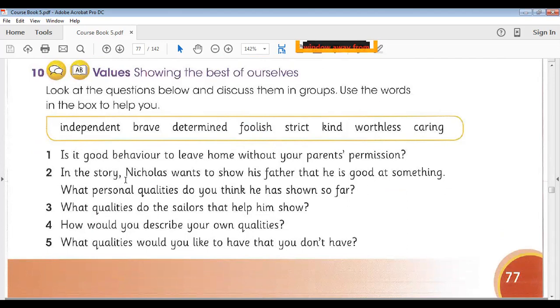In the story, Nicholas wants to show his father that he's good at something. What personal qualities do you think he has shown so far? In this question, they discussed that he shows personal qualities like caring, brave and determined.